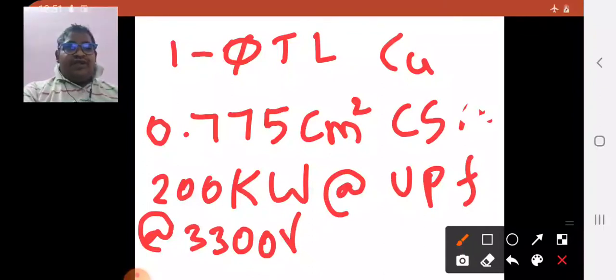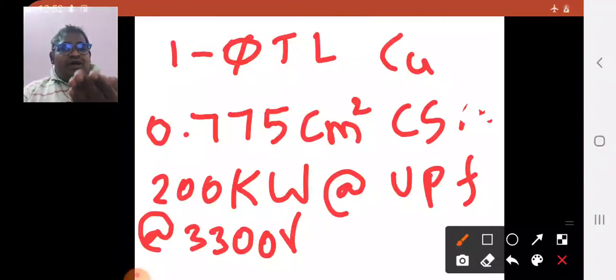So now we need to find out the value of the length. What is asked is the maximum length in kilometers. How do you find the value of length? Resistance he has given, and losses you can find from the efficiency, because receiving end power and transmission efficiency are given.